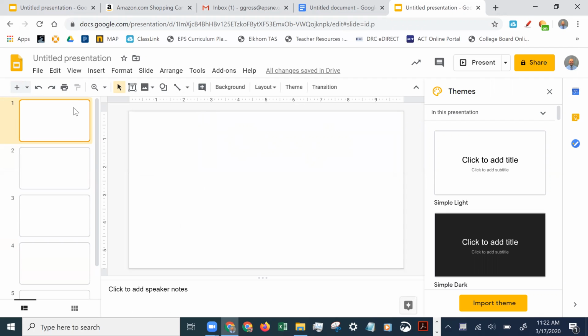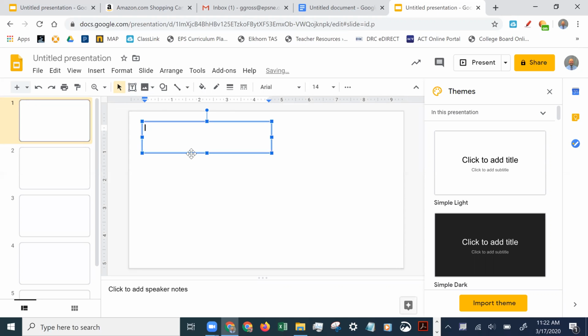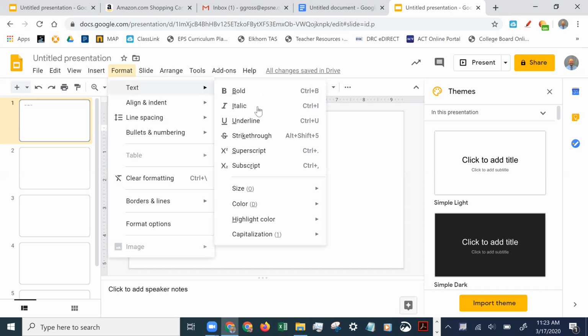All right, and suppose I was going to give a lesson on solving quadratics by completing the square. So the first thing I need is a problem, and I would probably put that in ahead of time. So x, and I know this should be x squared, so I can go to format, text.